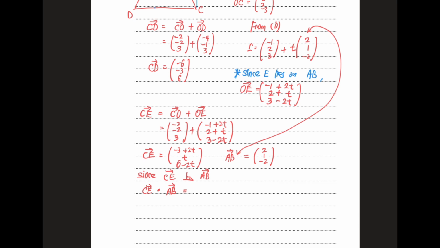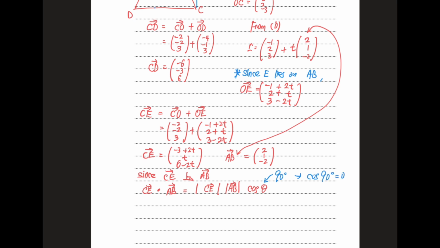Basically the scalar product formula is like this one: CE modulus, AB modulus, cos theta. But we can cut short a lot because of perpendicular. Perpendicular means the angle is 90 degrees, and cos 90 is 0.